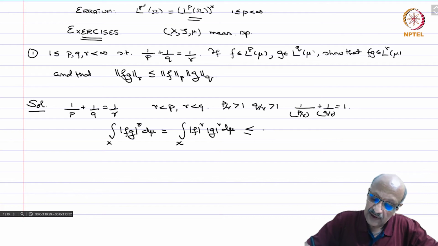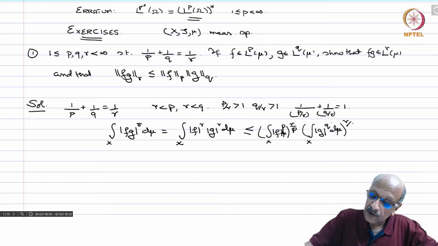So this is less than or equal to the integral over X of (|f|^r)^(p/r), that is |f|^p dμ, the whole to the power r/p, times the integral over X of |g|^q dμ, the whole to the power r/q.